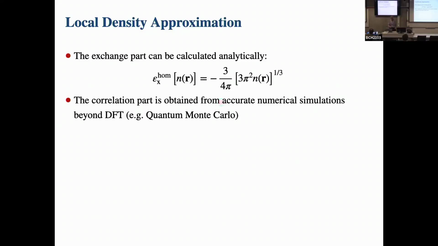So you can write exactly that the functional form of the exchange energy is written in this way. For the correlation part, they did numerical calculations, for instance quantum Monte Carlo, and they obtained some formula to get it. And it kind of worked.